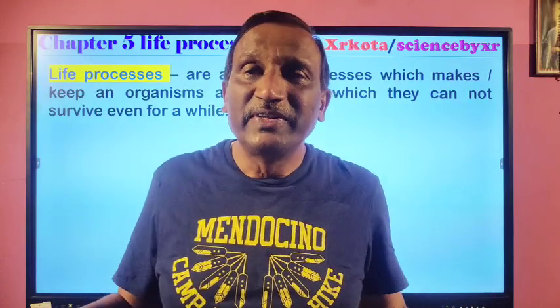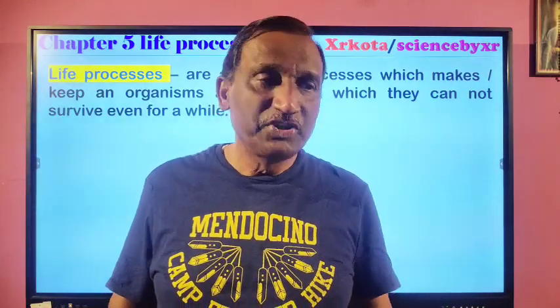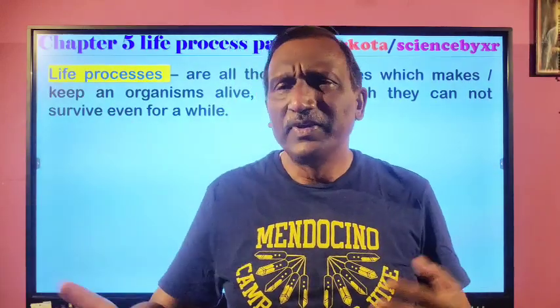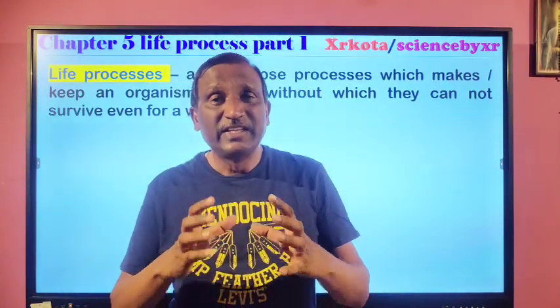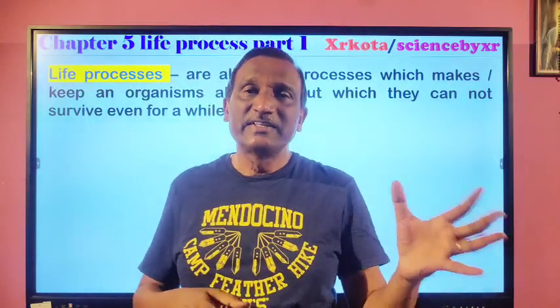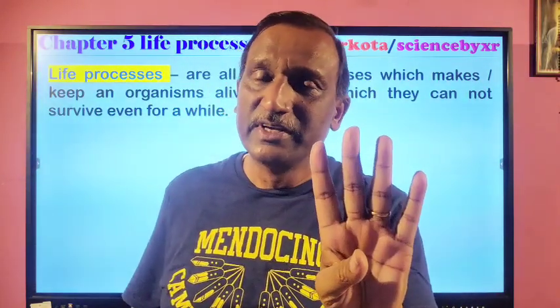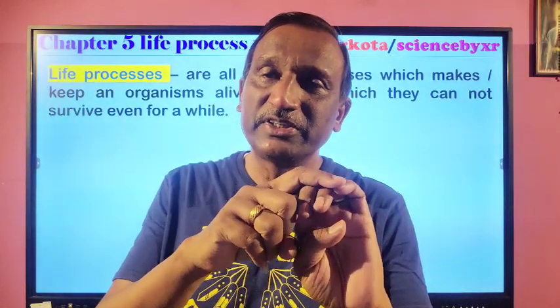All these are non-living things. How will you differentiate between non-living and living? Anybody can just say this is living and this is non-living. No. But what is that thing which makes us say that these are living and these are non-living? Basically there are four life processes which make the living beings, that is nutrition, respiration, transport and excretion, and we'll study that in this entire chapter.